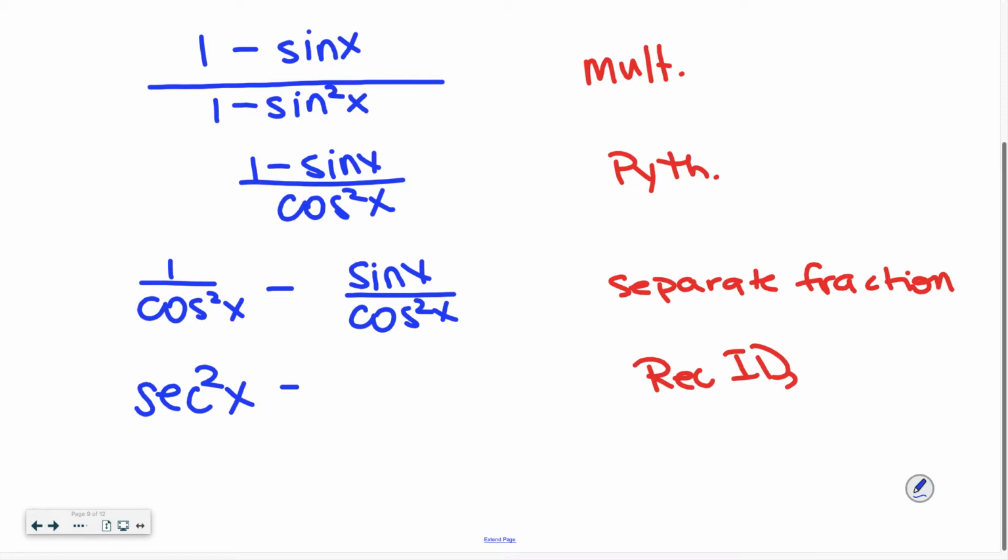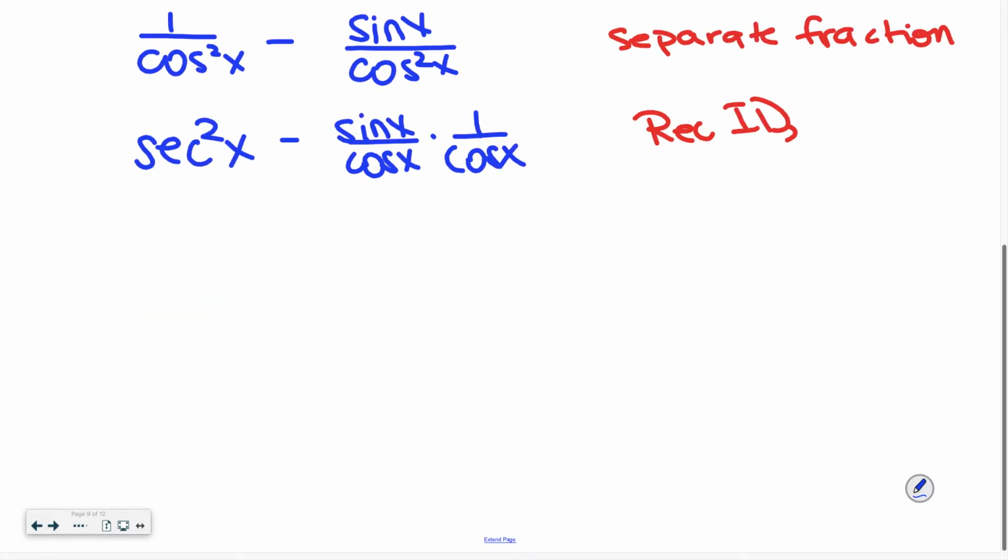And then sine over cosine squared. Do you see how there's kind of a mismatch? We could write sine over cosine, and that would be something, but we would still have an extra cosine in the denominator. Do you see what I mean by that?